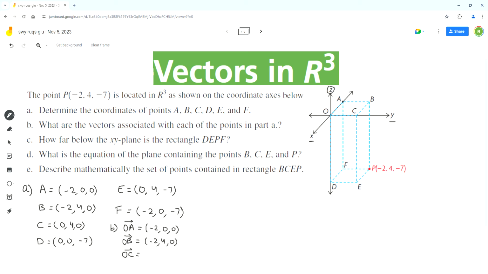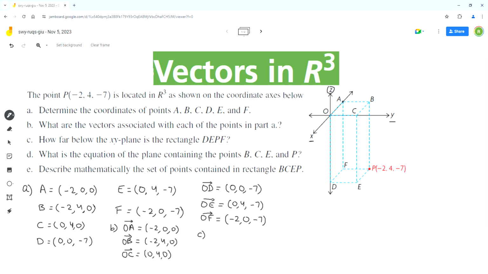OC is the position vector for point C. OD is the position vector for point D. OE is the position vector for point E. And OF is the position vector for point F. So these are the vectors in component form for the points in part A.